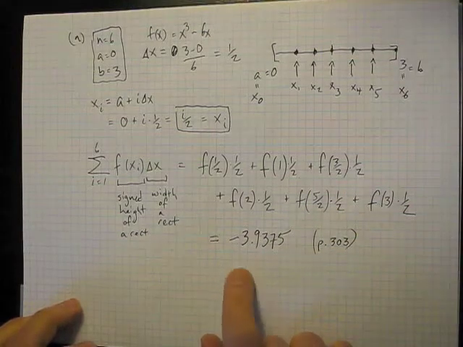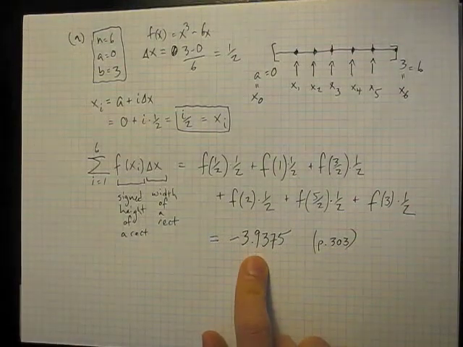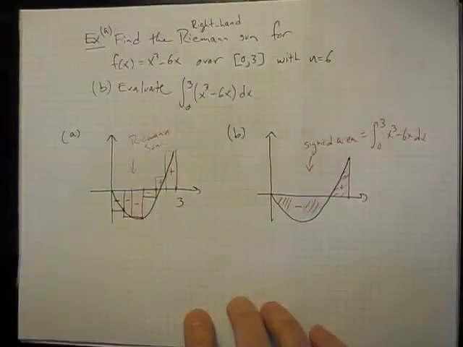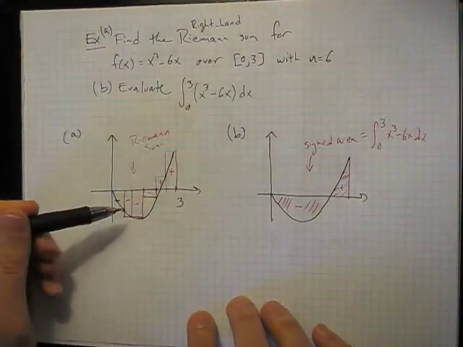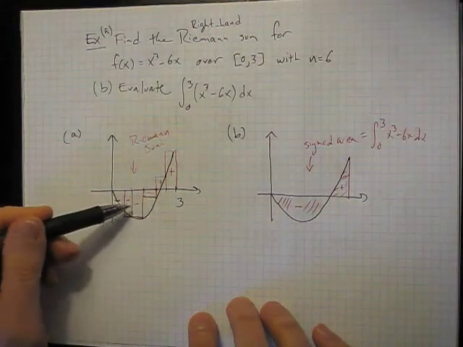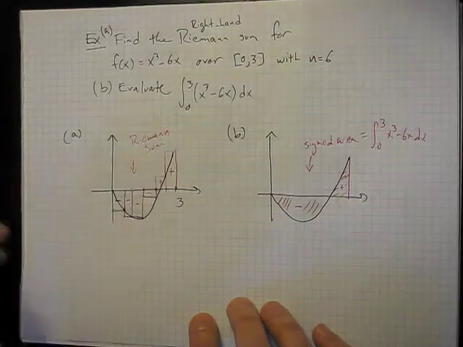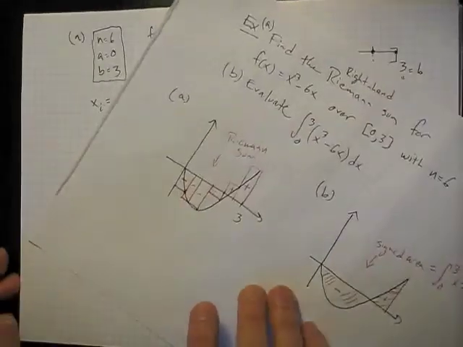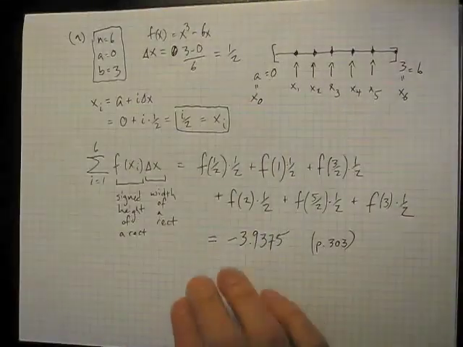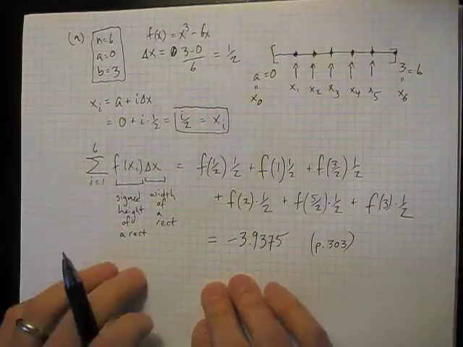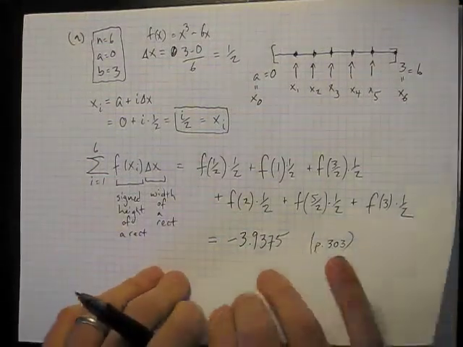So this is the answer to part A. Notice it's negative, which we expect because when we drew this picture right at the start, we saw there's a little bit more negative rectangular area than positive rectangular area. So that's the answer to part A. This is the Riemann sum with n equals 6 using right endpoint rectangles.